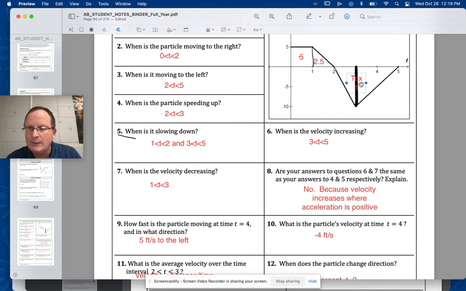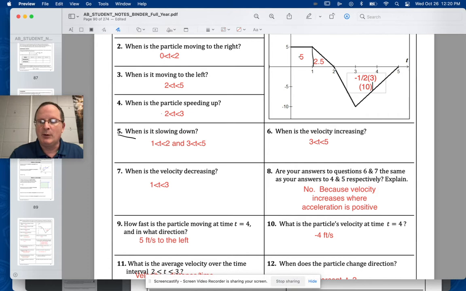So negative 1/2 times 3 times 10, which is going to be negative 15.